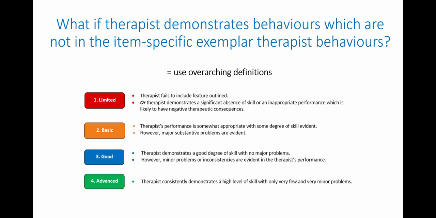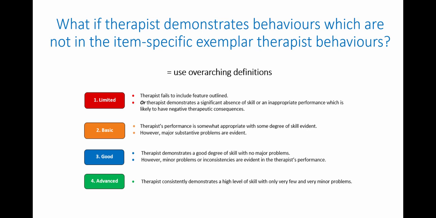And it's likely that they'll vary across different domains and items. One question that comes up is, what if therapists demonstrate behaviours which are not in the item-specific exemplar therapist behaviours provided for that item? Well, although these exemplar behaviours are designed to provide some more specific guidance as to how to use the scale, we certainly recognise that this can in no way provide an exhaustive list of all possible performance indicators, all possible ways of the therapist behaving within the session.